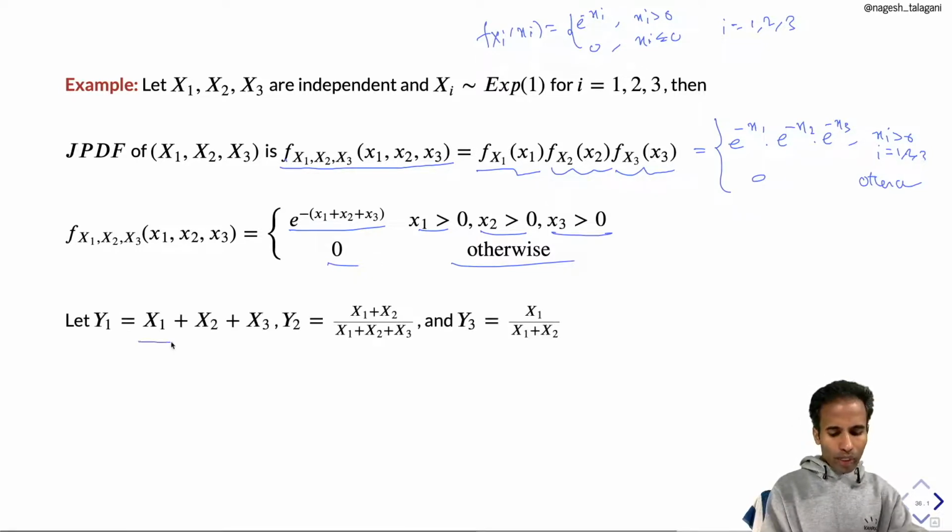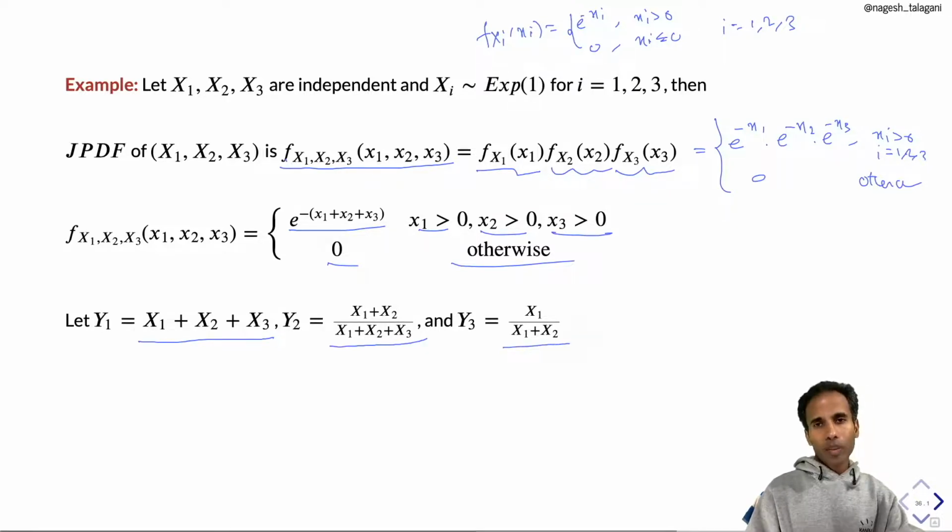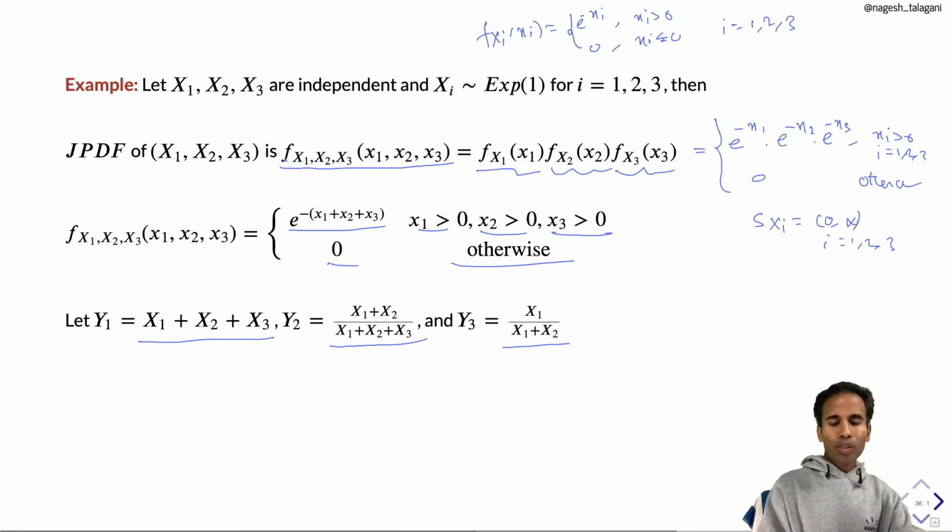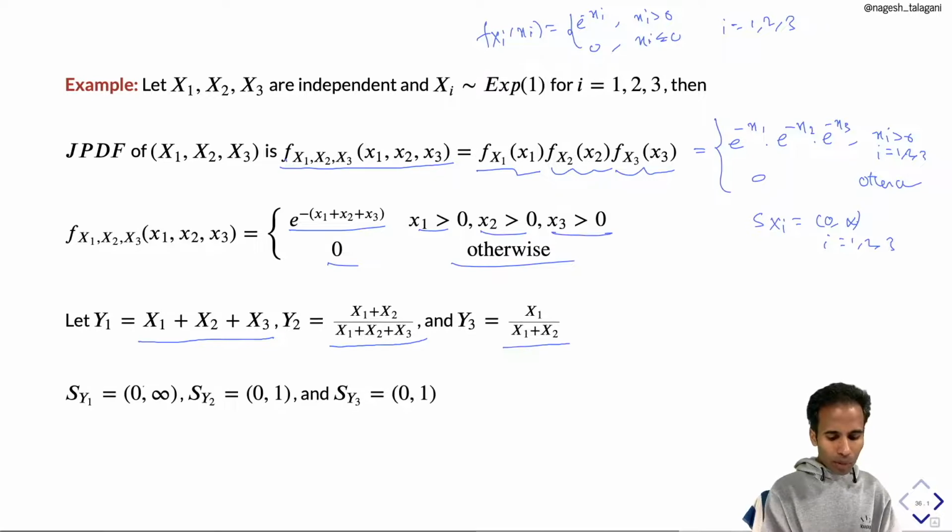Y1 equals X1 plus X2 plus X3, Y2 equals (X1 plus X2) by (X1 plus X2 plus X3), Y3 equals X1 by (X1 plus X2). We can see that the support of Xi is the interval 0 to infinity for i equal to 1, 2, 3, as the Xi's are exponential random variables. So the support of X1 plus X2 plus X3 is also the interval 0 to infinity, and the support of Y1 is the interval 0 to infinity.